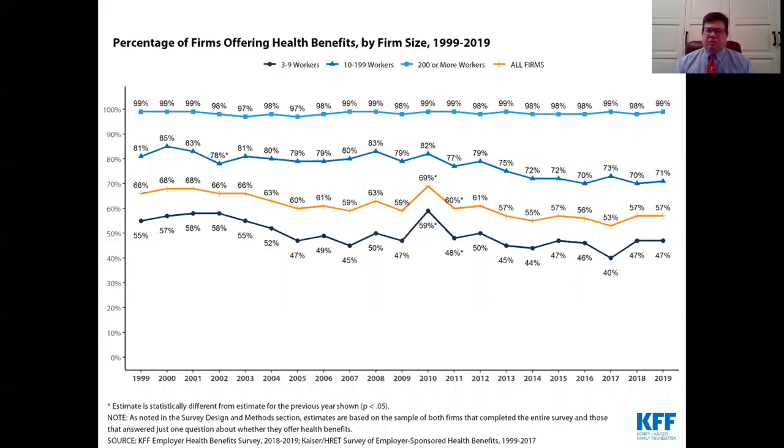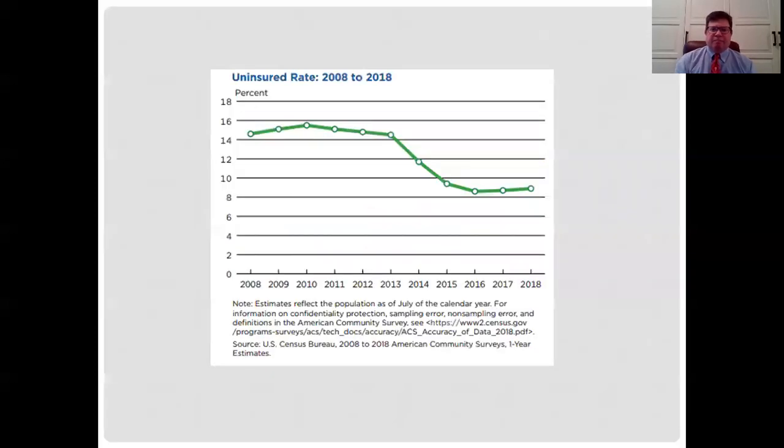When you get down into the realm of smaller businesses, it becomes much more expensive for those businesses to be able to offer their employees health insurance, even though they might have some tax incentives. So when you're looking at those small firms of 3 to 9 workers, less than half offer some sort of plan. Overall, about 57% of businesses in the United States do offer some type of healthcare plan.